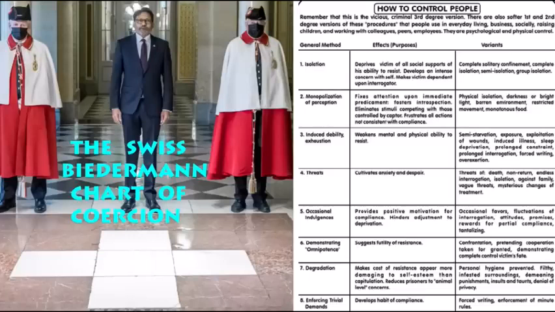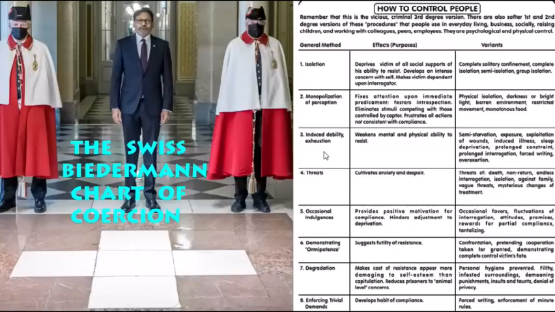Fixes attention upon immediate predicament, fosters introspection, eliminates stimuli competing with those controlled by captor, frustrates all actions not consistent with compliance. Variants: physical isolation, darkness or bright light, barren environment, restricted movement, monotonous food. I already told you about that.